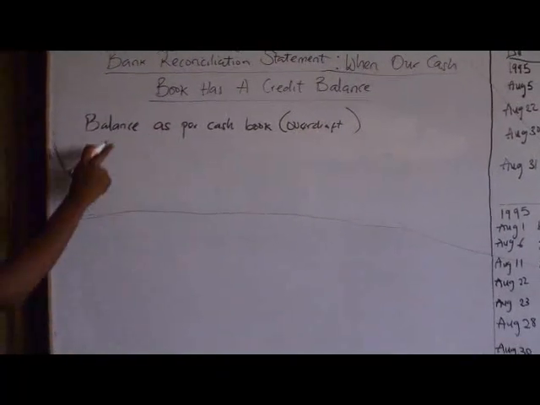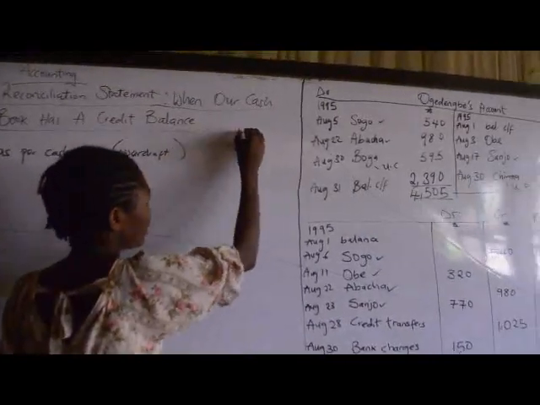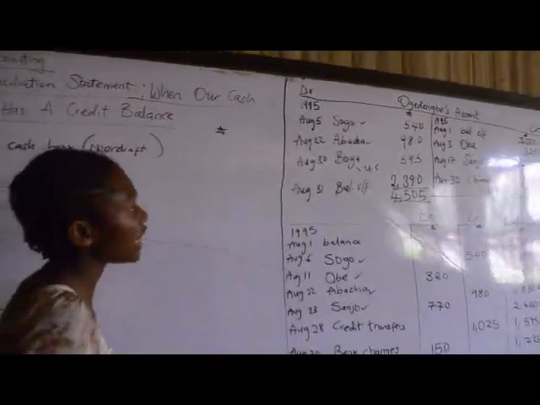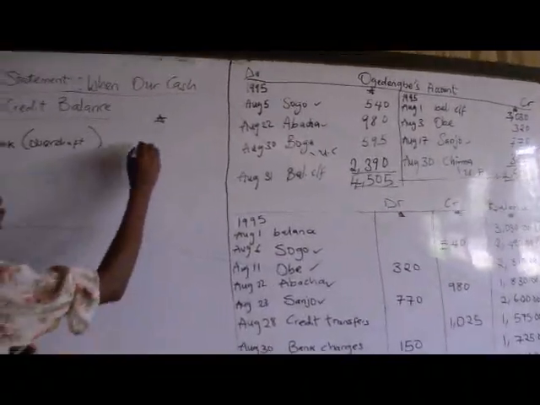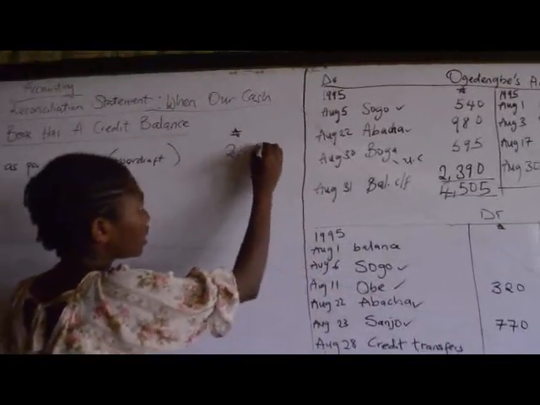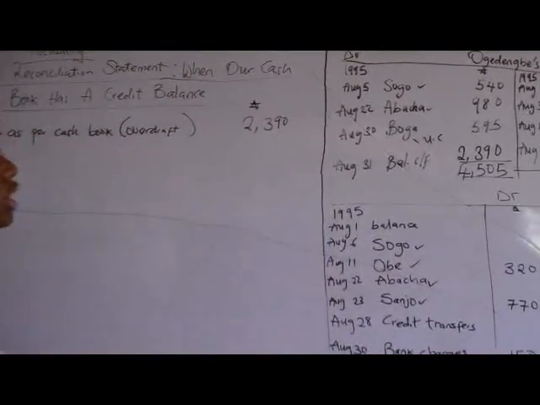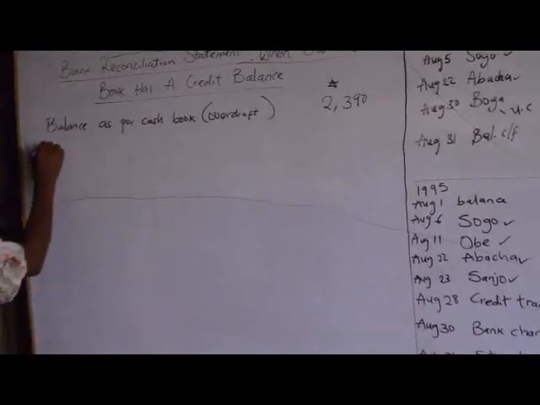If you don't want to say balance, you can also say overdraft as per cash book. So let's start. Our Naira sign is very important. So our balance as per cash book is here, alright? So it's a credit balance of 2,390 Naira, right?